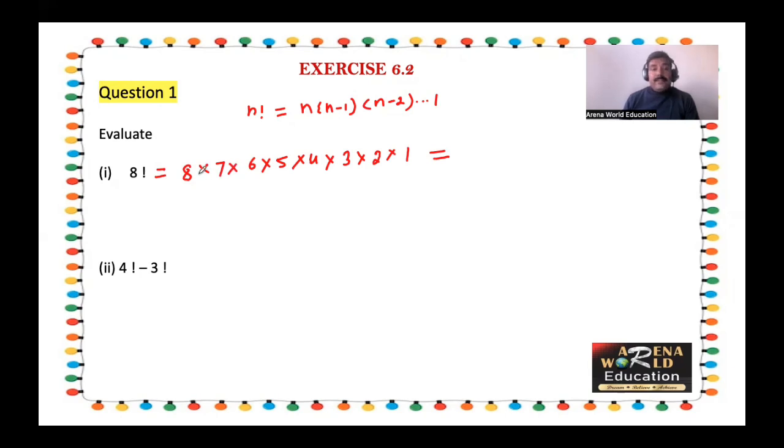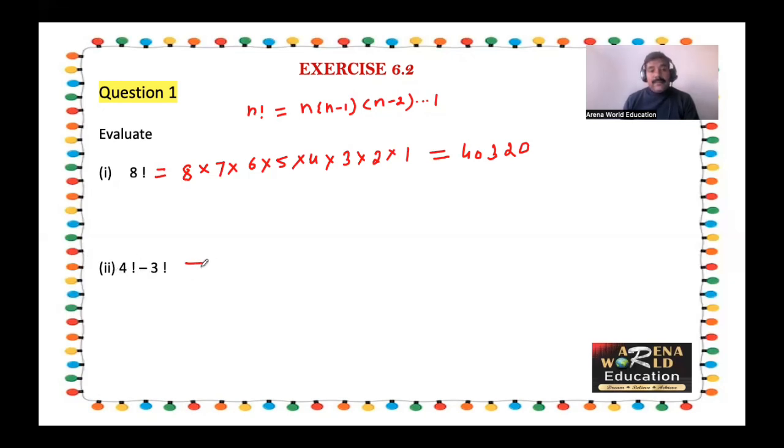Just find the product of natural numbers 1 to 8, and I'm writing the direct answer. So the answer will be 40,320. Now coming to the next question.